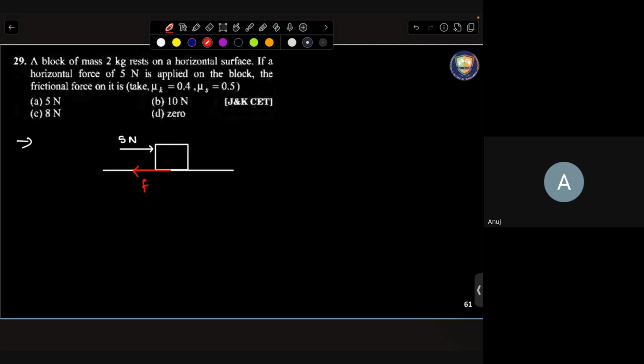So first of all, if you want to check whether the block will move or not, we have to look for limiting friction, that is mu s into mg. Mu s is given as 0.5, m is 2, so 2 into 10. So basically what you are getting is 10 Newton.